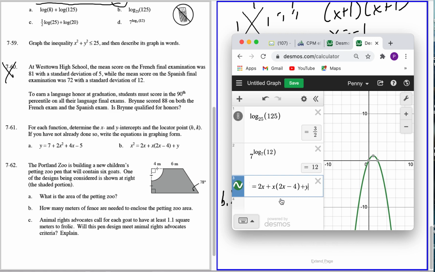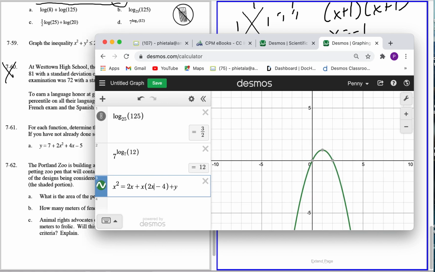I'm going to double check I wrote everything in right. Cool, same equation. We'll take a look here. What's my vertex? My vertex is 1, 1.